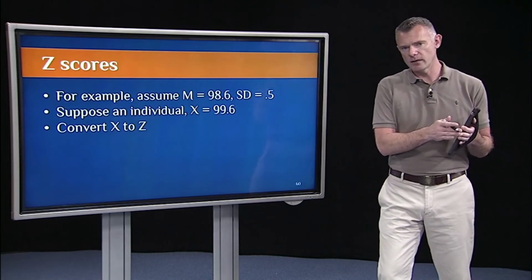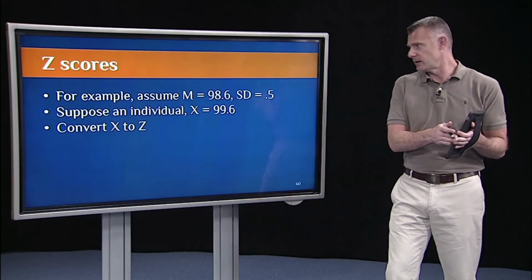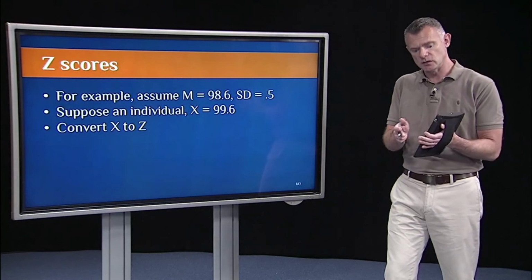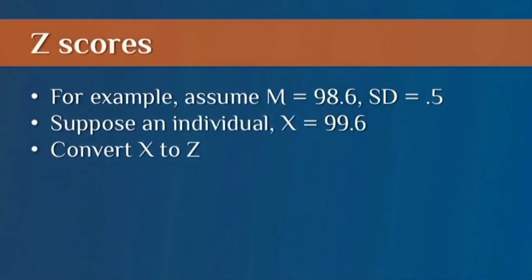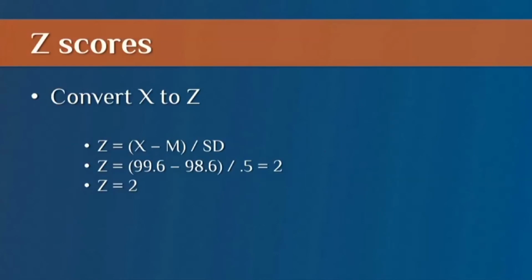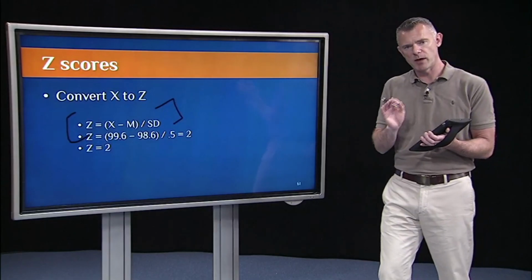Now I want to convert that raw score, that x, 99.6, to a z-score. All I have to do is apply this z formula. I take the raw score, 99.6, subtract out the mean, 98.6, and divide by the standard deviation, which was 0.5. So that's just 1 over 0.5, or 2. So this individual's z-score is positive 2.